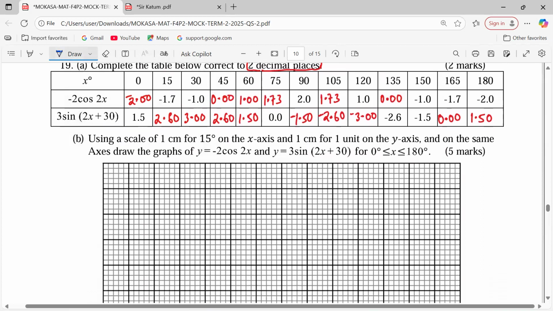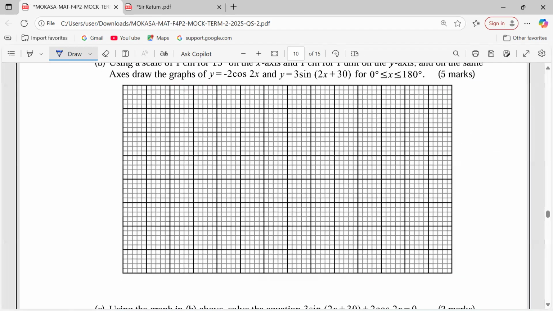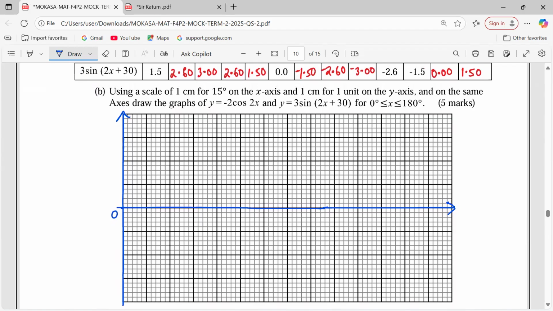So I'm going to start by the x-axis and the y-axis. So I plot that first. The y-axis is here. Then the x-axis. We have it here, like that. This is 0. We've been given some instructions on the scale to use.